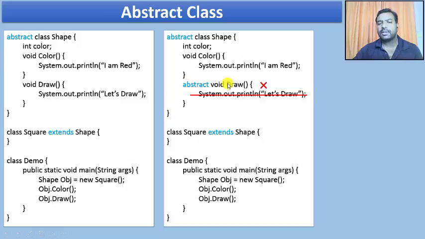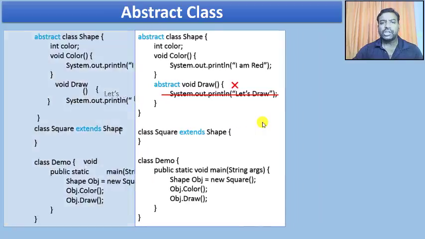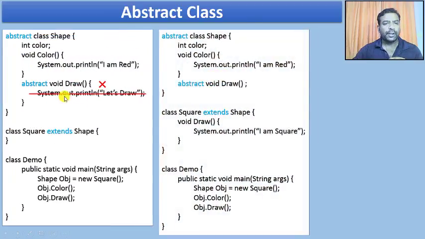If it is an abstract method, it should not have the body. If it is non-abstract, it can be defined with the body and it should be defined with the body. Whereas if it is an abstract method, you're not supposed to define any body for this method. Hence, I am moving towards the advantage of making use of abstract now.